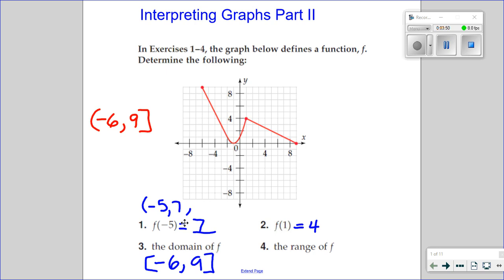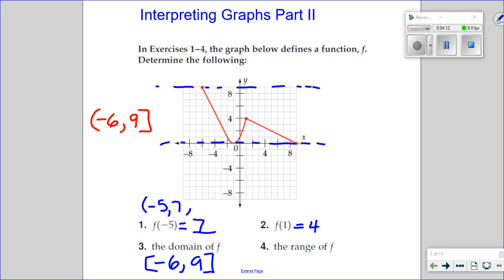So when you're finding the range graphically, you want to read the graph from the bottom to the top. Okay, so if I look at this graph from a different perspective, like here's the bottom, here's the top. And you're reading along the y-axis now, so that's why we're reading it from the bottom to the top, okay?